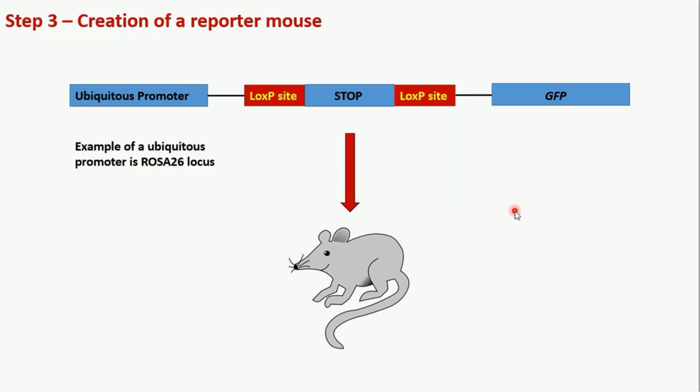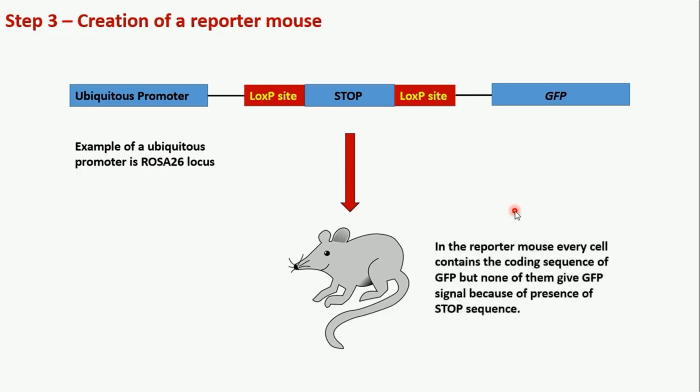The specialty of this mouse is that in the reporter mouse, every cell contains the coding sequence of GFP, but none of them give GFP signal because of the presence of the stop sequence. So this reporter mouse contains the message to express GFP, but the message is not expressed because of the stop sequence flanked by LoxP sites.